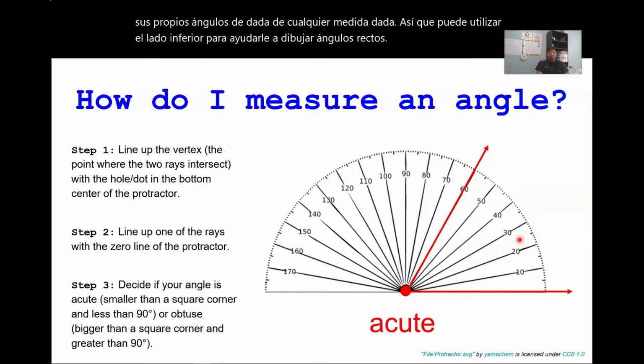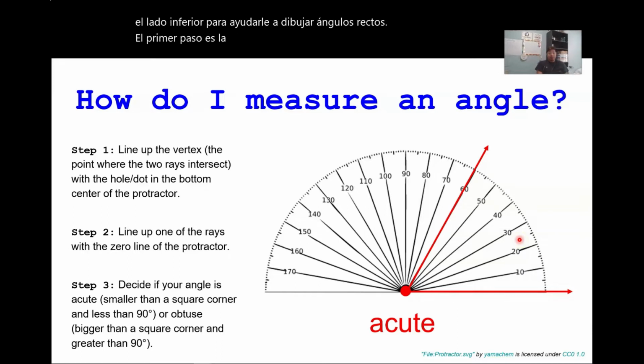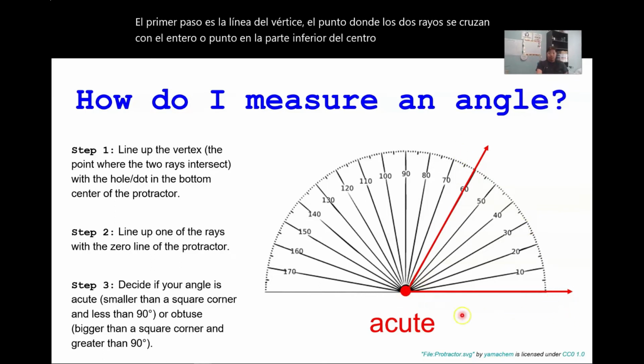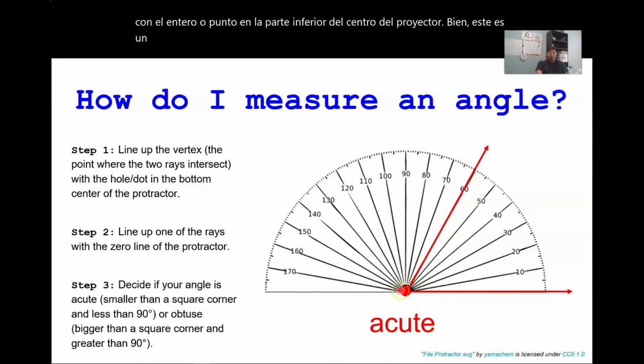Step 1 is to line up the vertex, the point where the 2 rays intersect, with the hole or dot in the bottom of the center of the protractor. Okay. So this is an acute angle. We're going to put our vertex right here in the bottom of the hole. Line up one of the rays with the 0 line of the protractor. Okay.